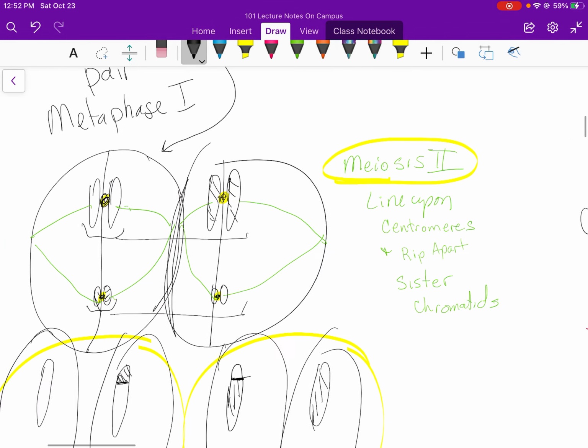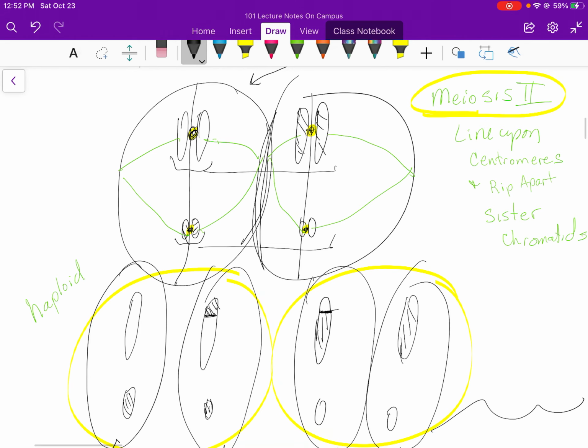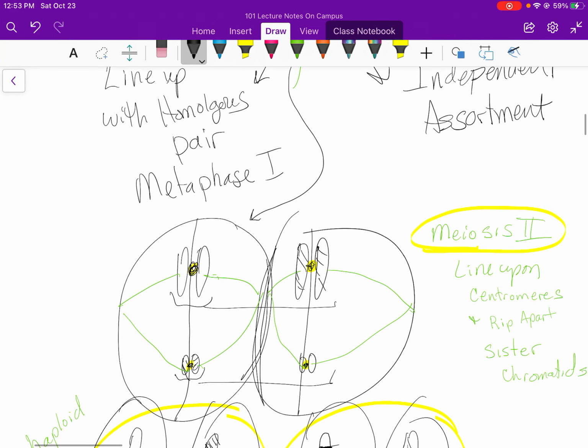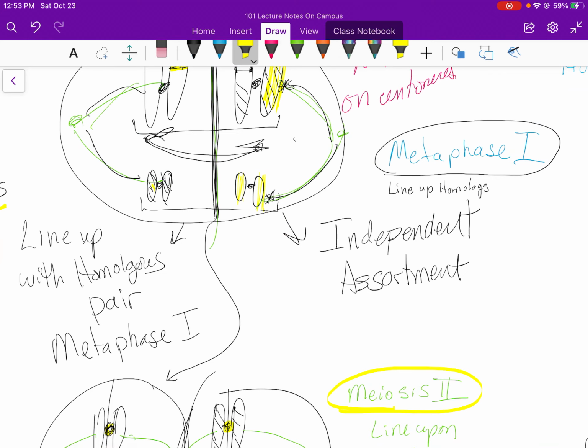And then we also recall that this section here, where these two were dancing, so to speak, in their little dancing mode and spinning around, and we know that we had stripy on the right and we have clear on the right for this other chromosome. This process is called independent assortment, which is the process by which which homologue ends up in which daughter cell is independent for every pair.